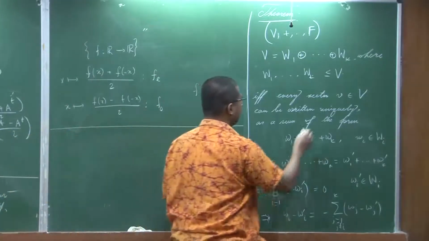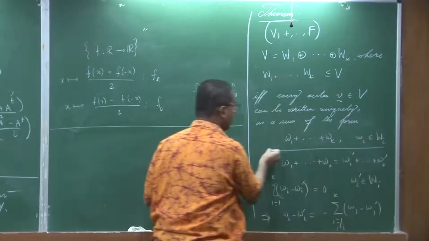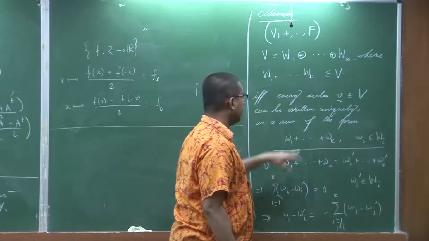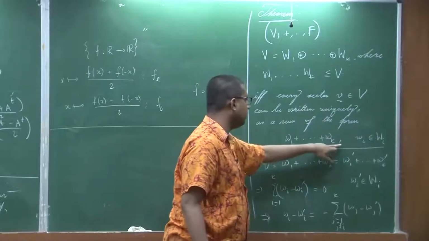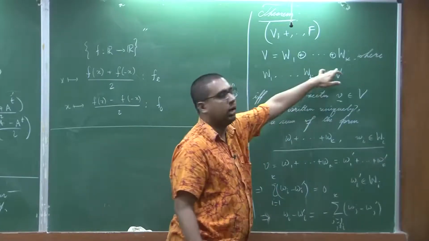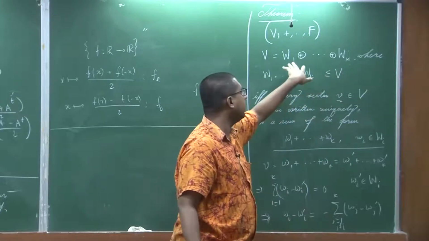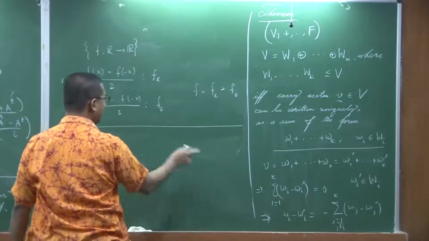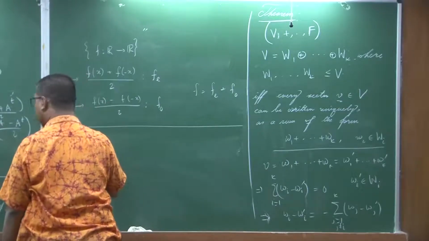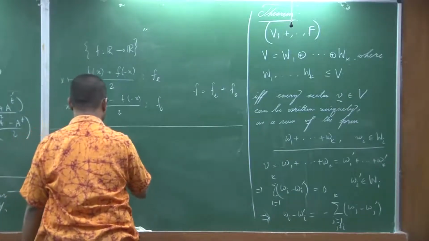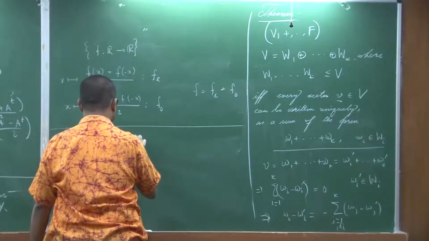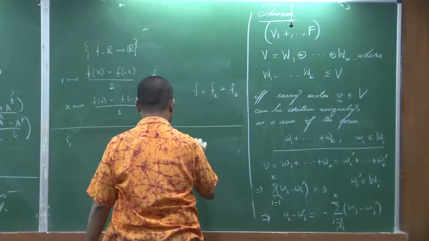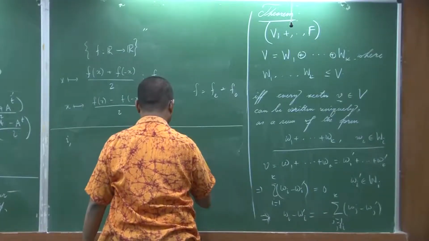Now I am assuming that every v admits a unique expression like this. From that I have to show that the sum is direct. First of all, each v can be written as a sum like this, so that shows V is the sum of the Wi's. Now we have to show that the sum is direct. For that, for any i, let us consider that the vector x lies in this intersection.